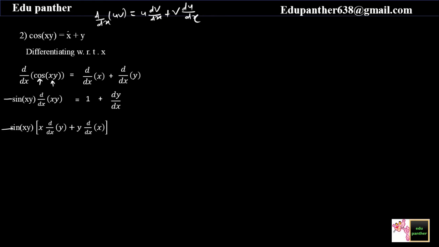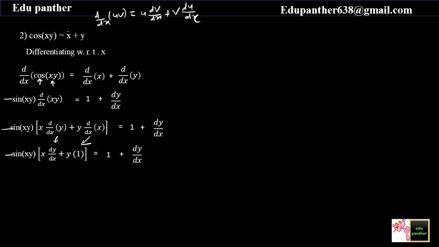So x into the derivative of y plus y into the derivative of x, which is 1 plus dy by dx. Next step, this minus sine xy as it is, then into x, the derivative of y is denoted by dy by dx, plus this y as it is, and the derivative of x is 1. This is equal to 1 plus dy by dx.